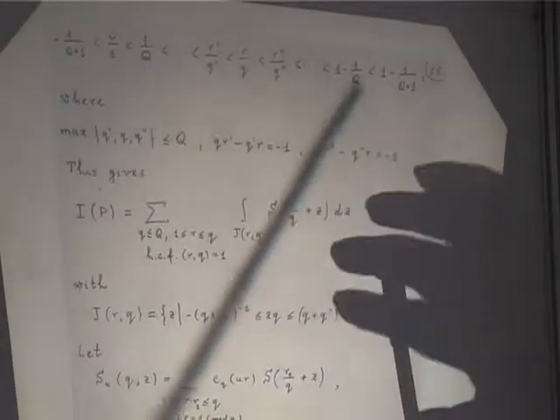And instead of speaking of major and minor arcs, one just considers the intervals between these rational numbers and writes the integral as an integral over these intervals.